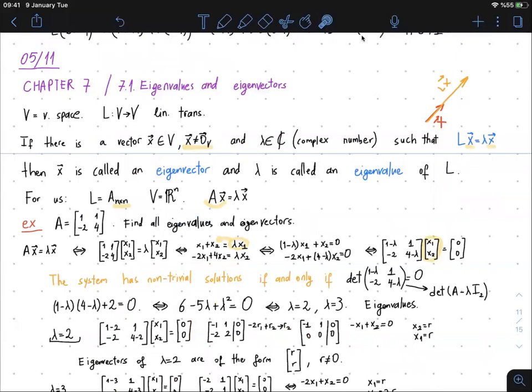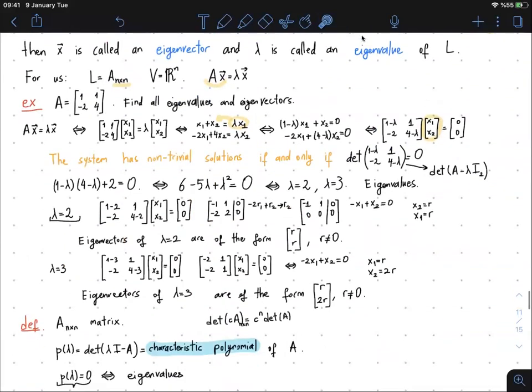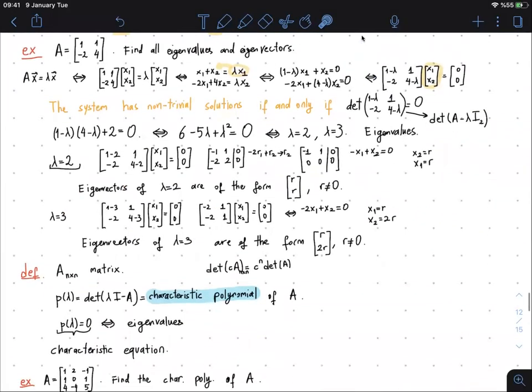Okay, so for example, we started with this example, a 2 by 2 matrix. We have seen a method to compute eigenvalues and eigenvectors, and the method leads to a general thing, which is: given any matrix, we can define a polynomial which is the determinant of lambda times the identity matrix minus the matrix that we are looking at.